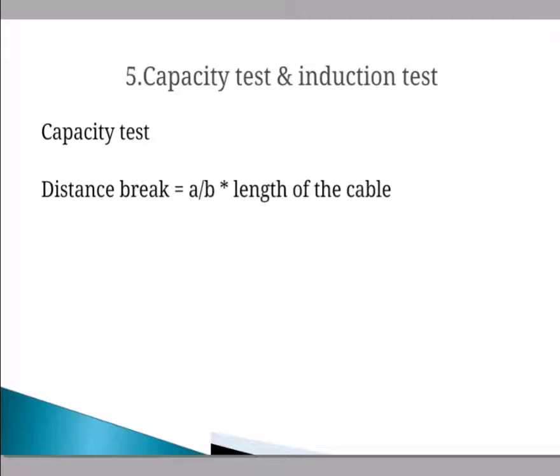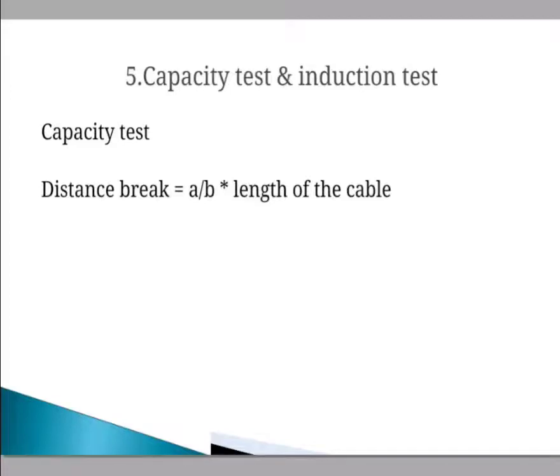The faulty core is charged to a certain voltage and the charge is released by discharging through the moving coil galvanometer. The deflection of the instrument is noted carefully, and in a similar manner the sound core of the cable is charged and discharged.